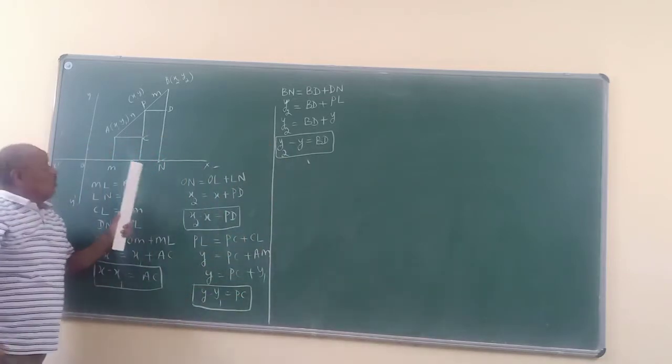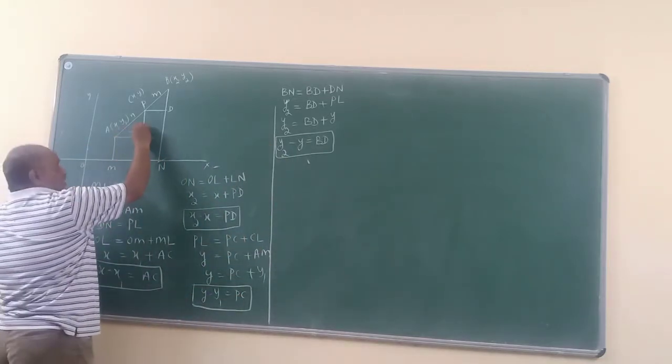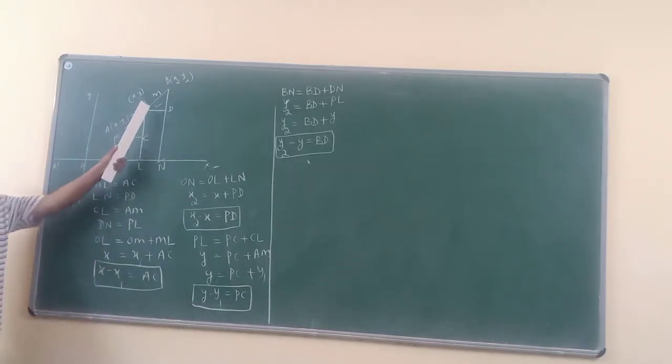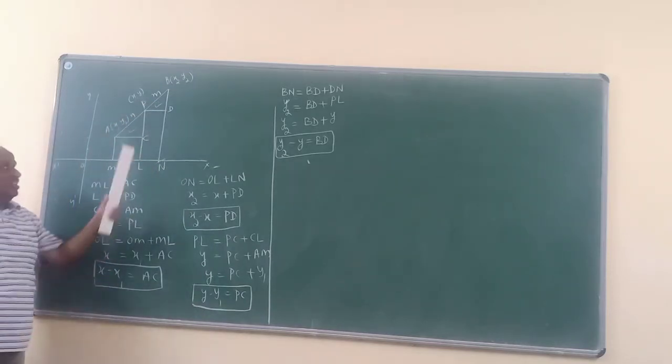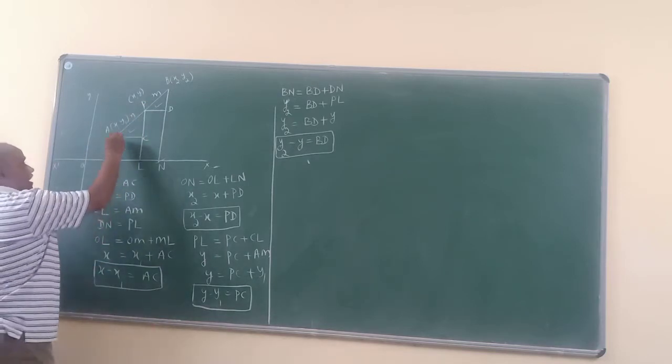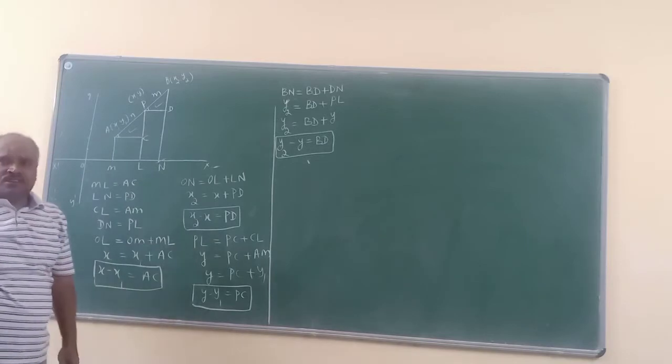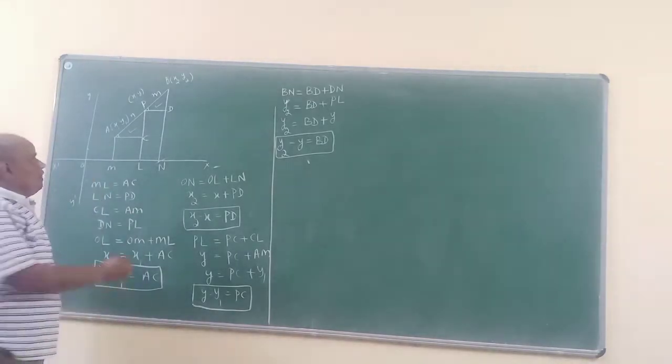Dear students, you know that this is one triangle, and this is another triangle. These two triangles are similar. How do you know that? This angle and this angle are equal because they are corresponding angles.